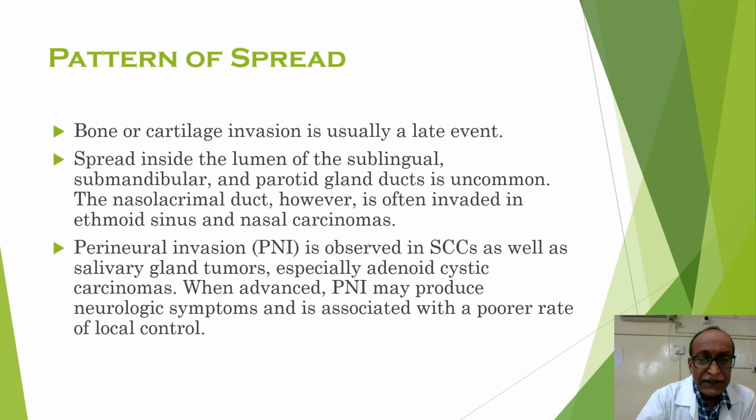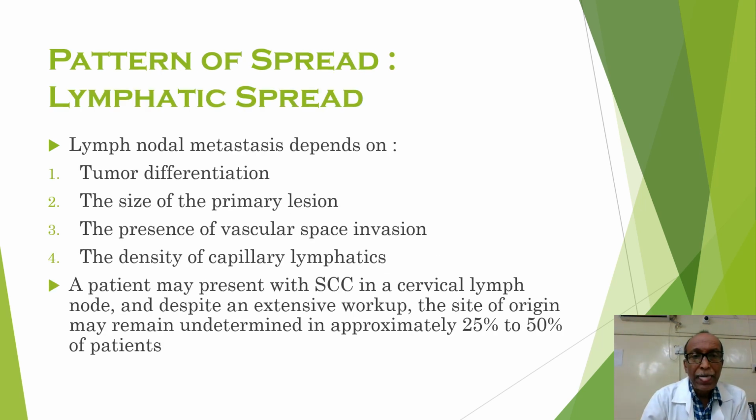We will skip this slide. But we will dwell upon this. The pattern of spread, as I said, is dependent on the site of origin of the tumor and the histopathology of the tumor.